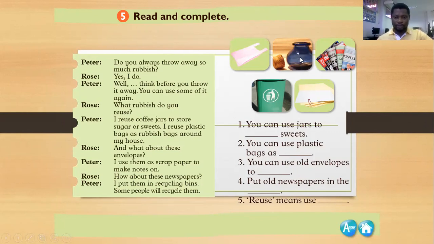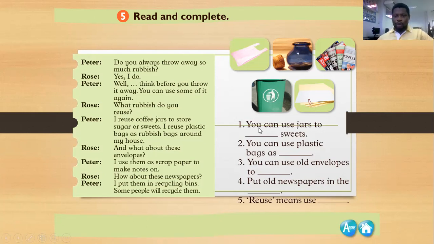We use it to store sugar. These are wrappers. These are newspapers. These are envelopes, and these are bins.